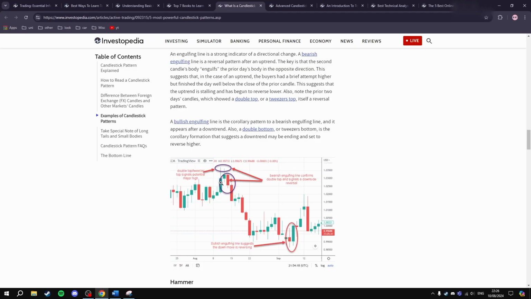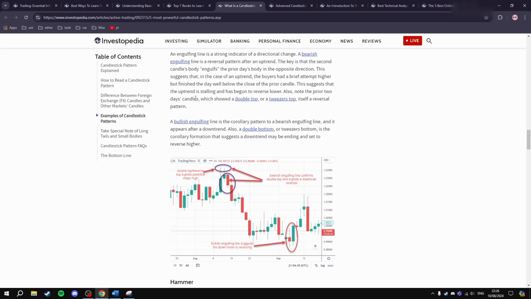So we can see that imagination is needed, because this isn't exactly the textbook definition of a tweezer top, these two green ones. So bearish engulfing line confirms double top and signals a downward reversal, so it goes down.